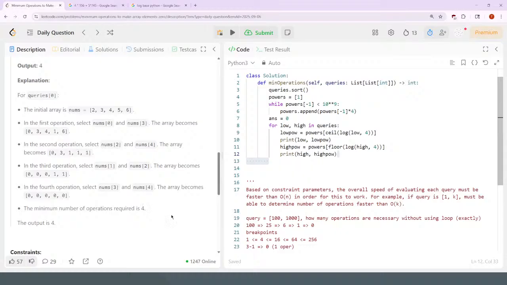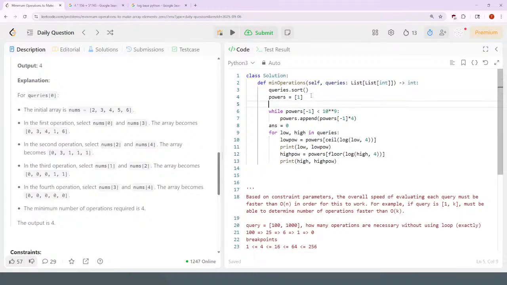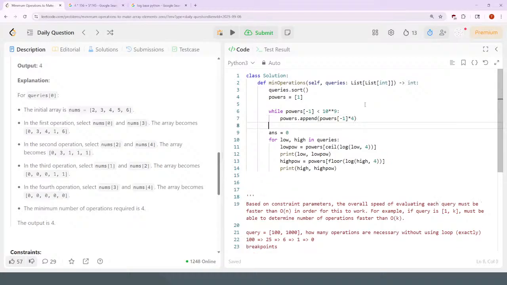Alright, so I think the next step is, if there's a full bucket, so the high and low buckets, the buckets at the end of the query range are possibly not full, but anything that is in the middle buckets has a full number of operations required. And that should be static. That should be pre-calculated.